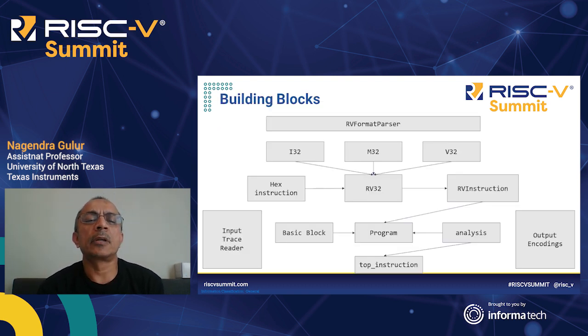This picture here is not meant to be too detail oriented, but just to give you an idea of how our tool is put together using various building blocks in Python, starting with an RV format parser. As we consume input traces that contain PC values and the instruction words corresponding to the instructions at those PC values, we need a capability to parse these instruction words to extract what kind of instruction it is.